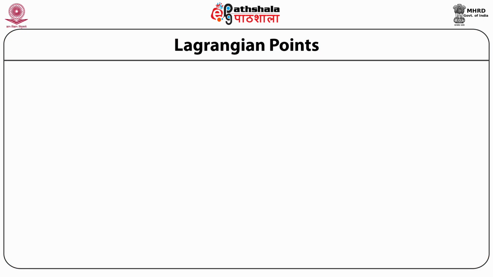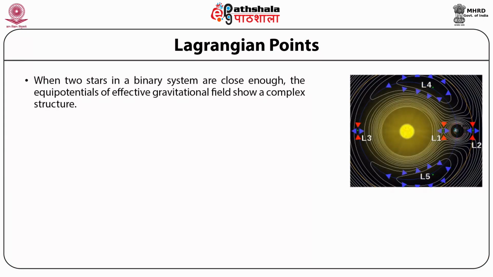Lagrangian points. When the stars forming the binary group are quite close, there is a possibility of mass transfer between them. Depending on the nature of the components, the mass transfer can cause some interesting phenomena.